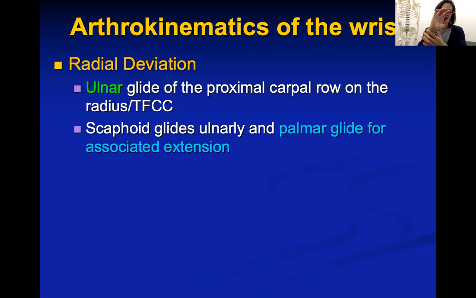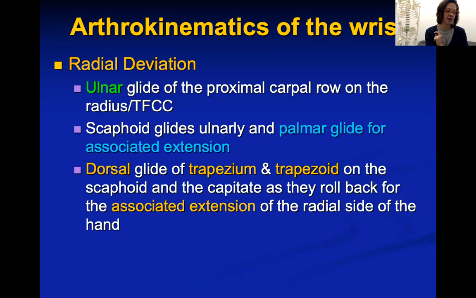On the radial side, this is where there's an extension, like when we throw our dart. So the scaphoid will glide ulnarly, but it is convex on the concave surface of the radius, so it will be a palmar glide to help us do radial deviation.